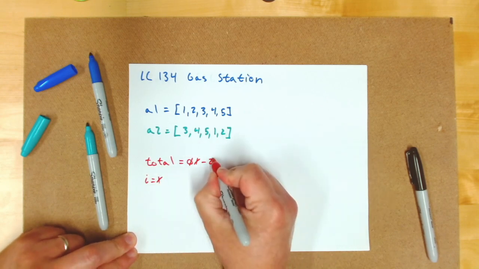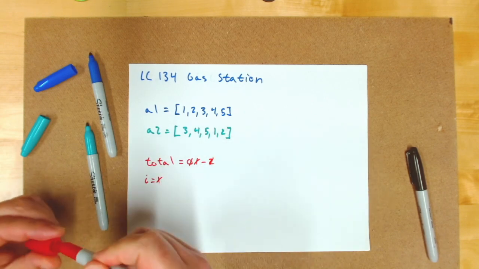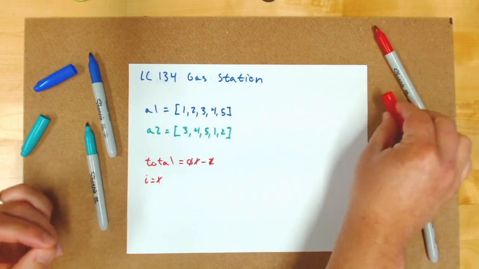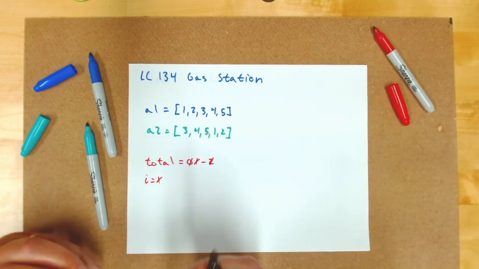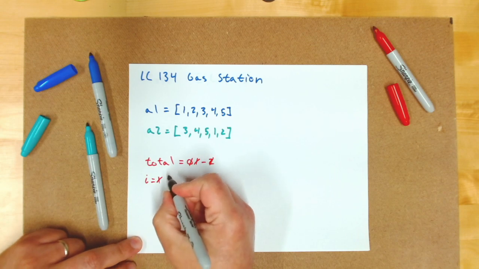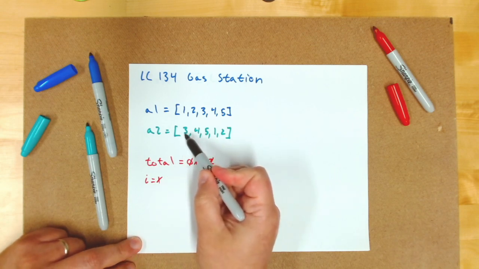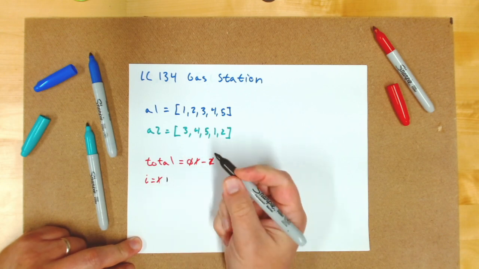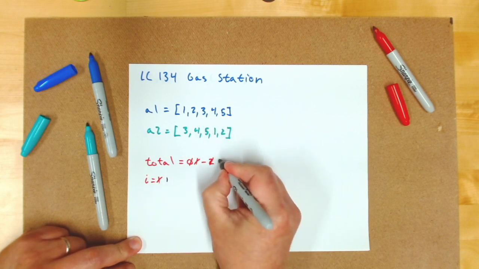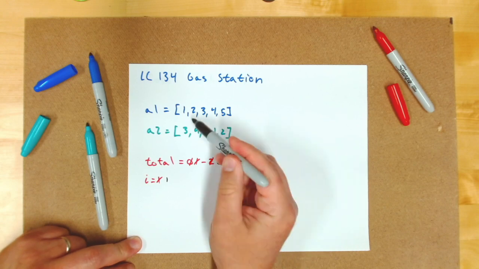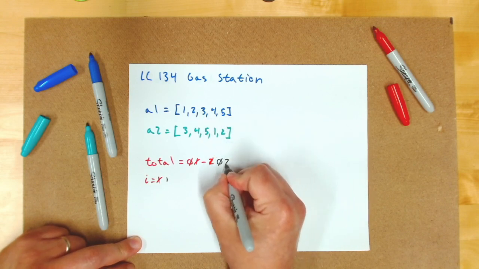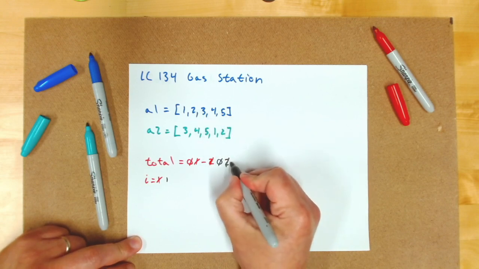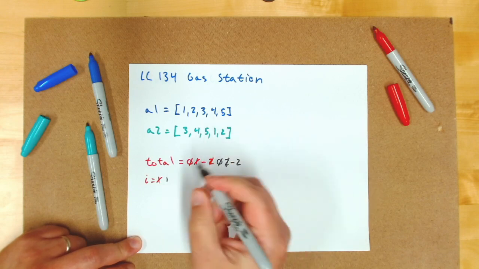So let's start over. I said i equals 1, but that was actually i equals 0. So let's correctly start at i equals 1 this time. So we have 2, or our total is 0. So we add 2, then we subtract 4, we get -2. We can't start there.